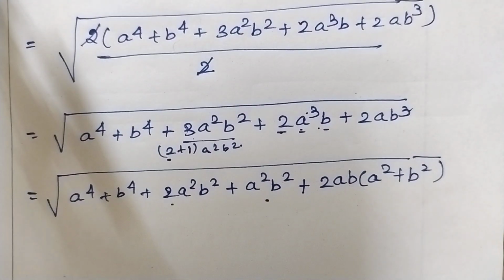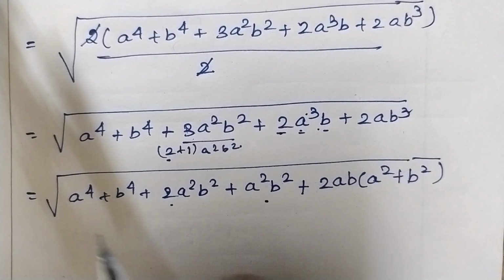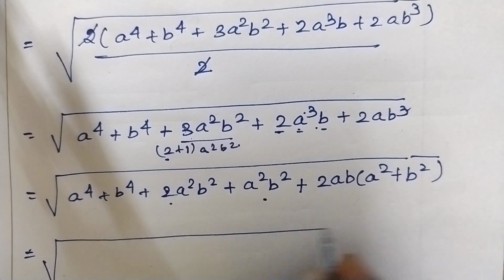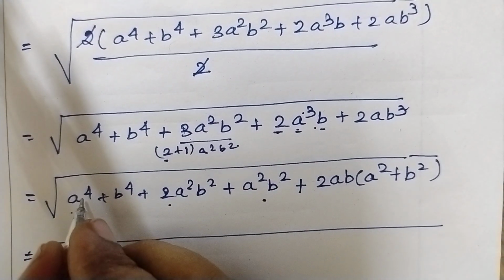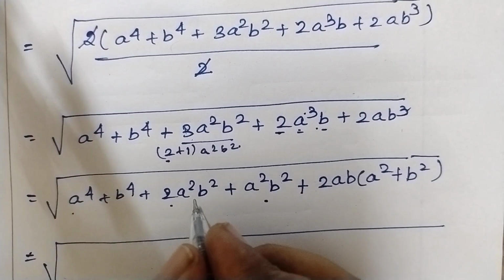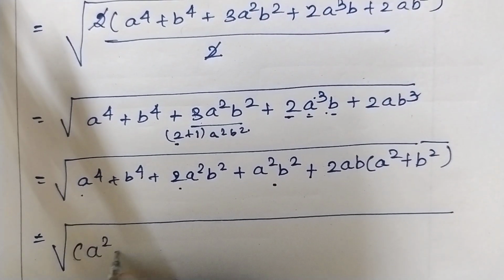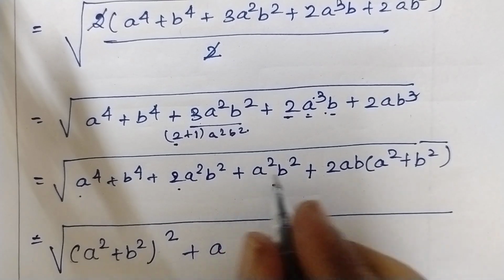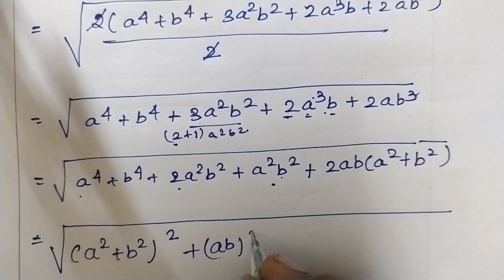So if we see here, this is in the format of a square the whole square, b square the whole square, 2 into a square b square. This is in the format of a square plus b square the whole square plus ab the whole square.